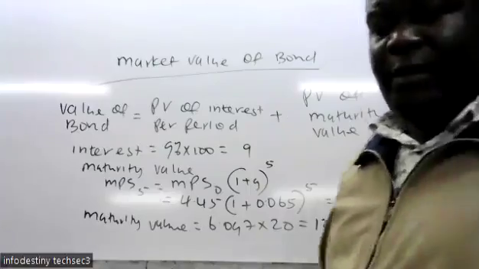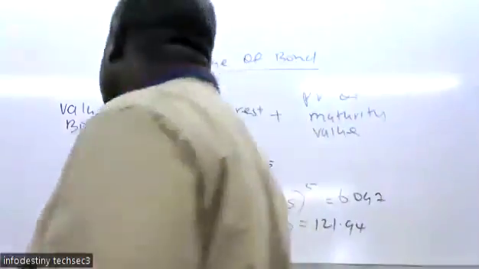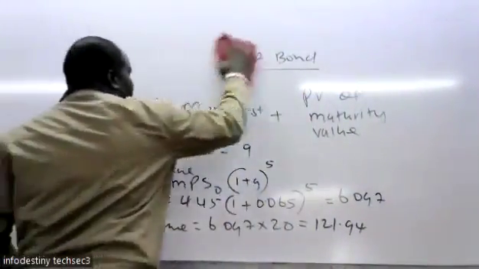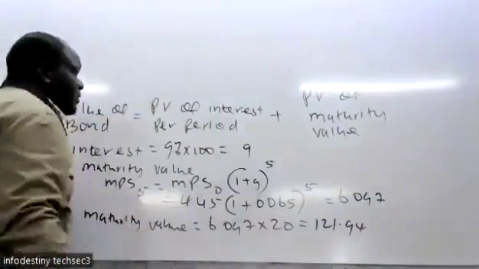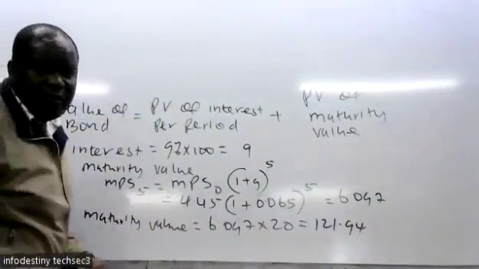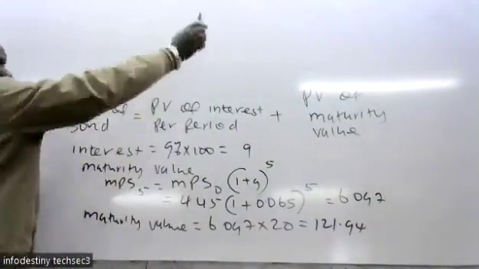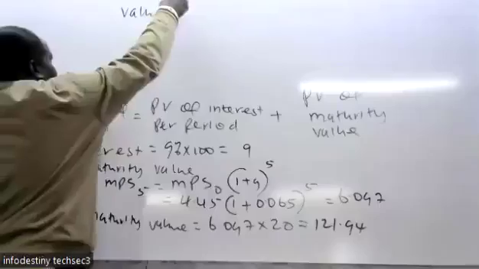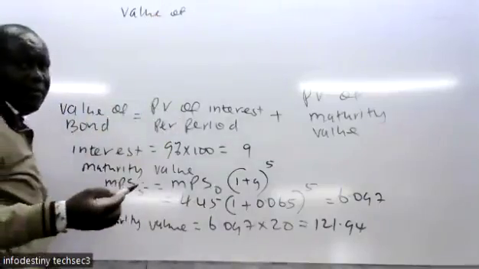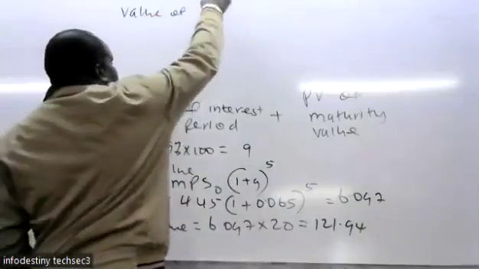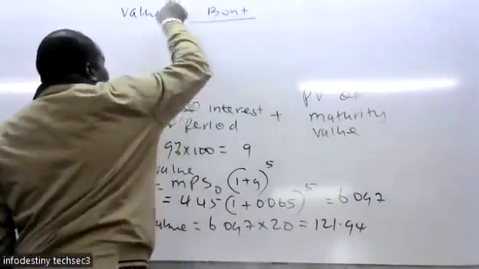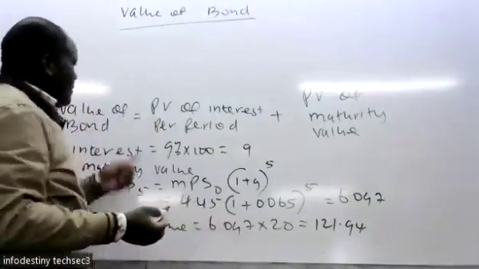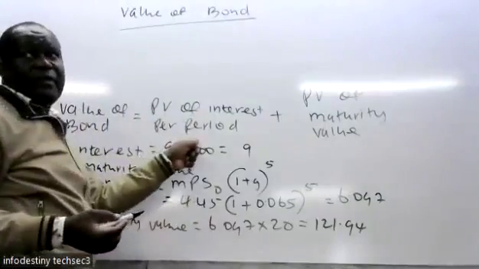If that's now the case, we can get the value of the bond. We start off with the present value of the interest.